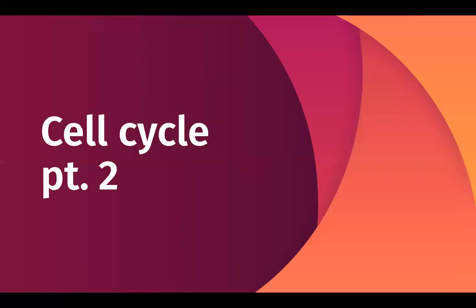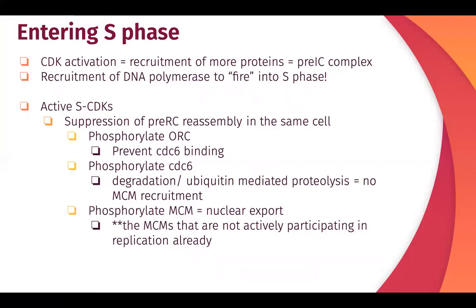So that is a perfect transition into the S phase. So like we just covered before, you fire into your S phase because your pre-ICs formed and you have your origin firing, everything's all set with your DNA polymerase.